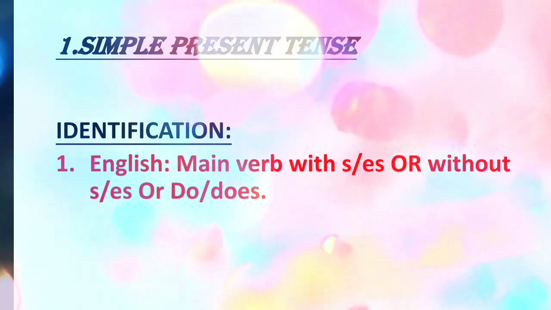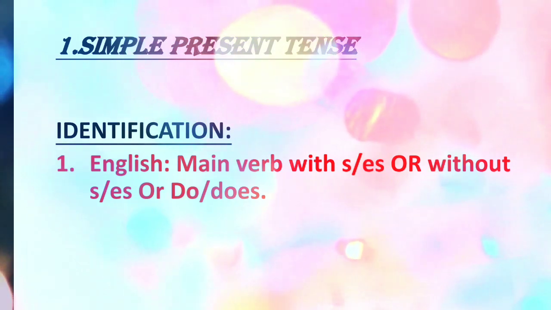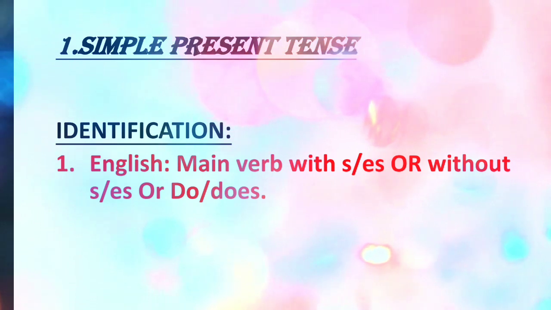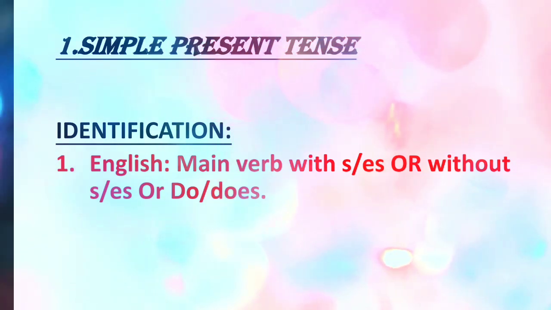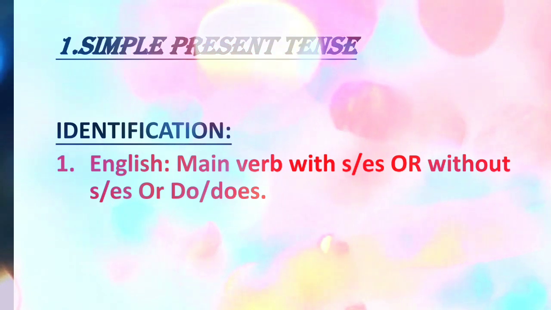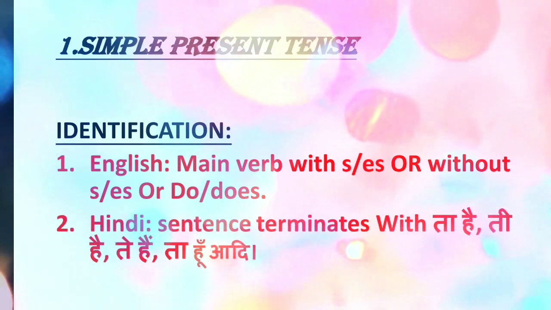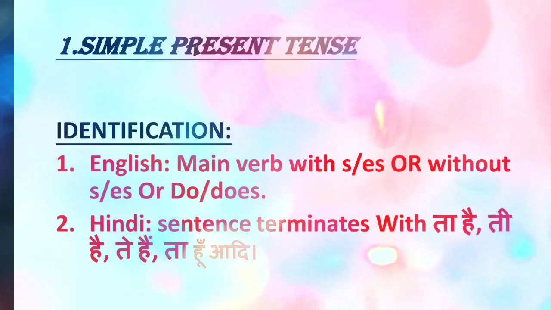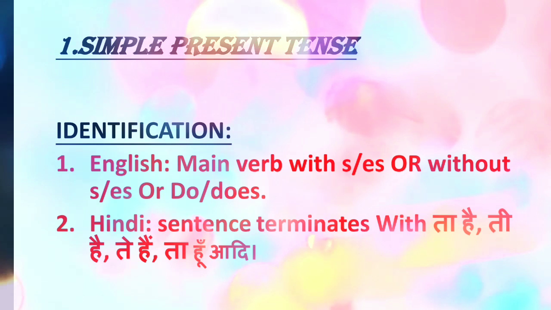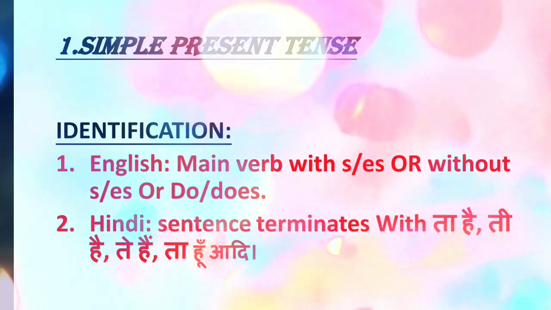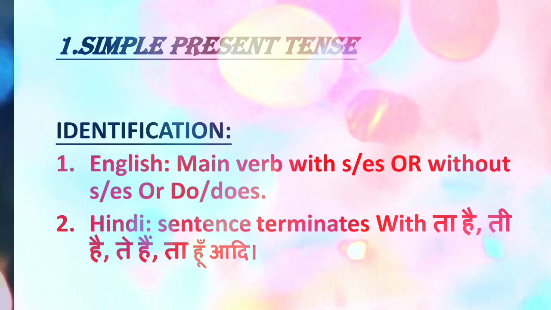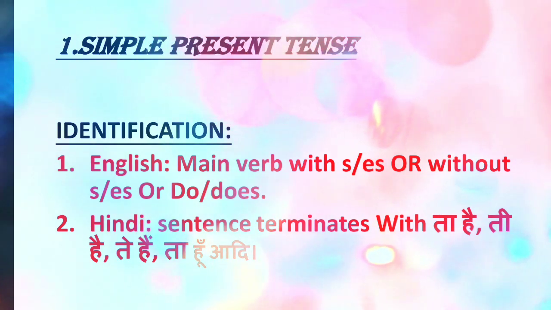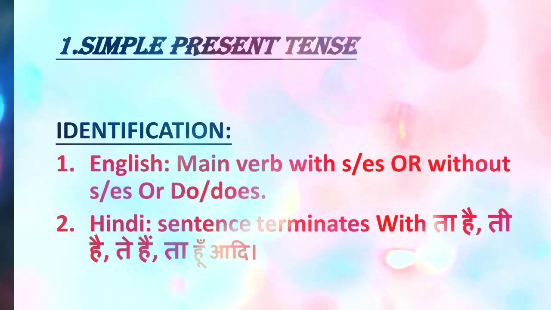Without s or es, it is also a present indefinite tense, but along with it there is no helping verb. And do or does is the helping verb of this tense, so you can identify it with that. If we talk about Hindi, the sentences terminate with ta hai, ti hai, te hain, and so on. Okay, these are the verb ending words of Hindi sentences, so make it clear to identify in Hindi also.